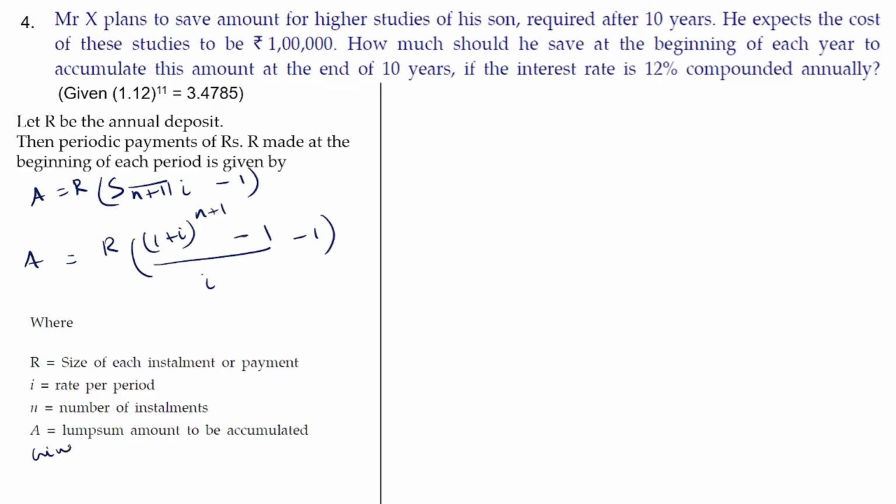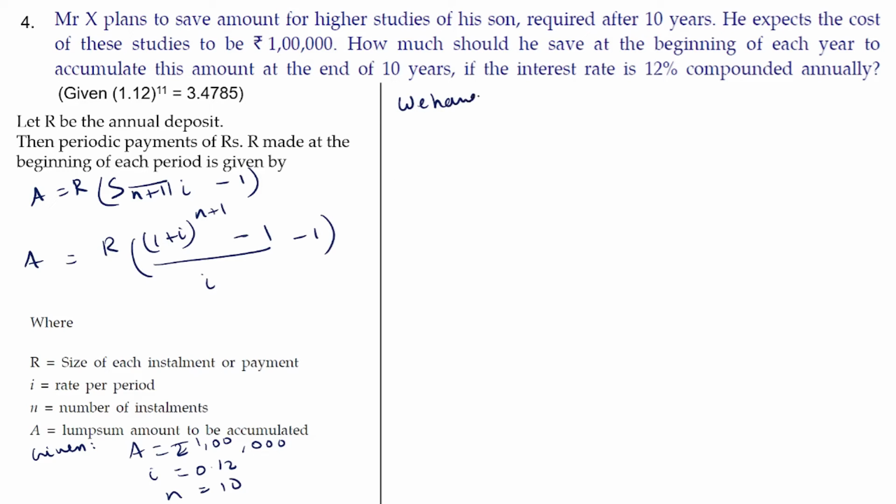So given, the amount that should be saved is rupees 1 lakh. So A is rupees 1 lakh, and I is 12% compounded annually, so I is 0.12. The number of periods N is 10, as it is required after 10 years.